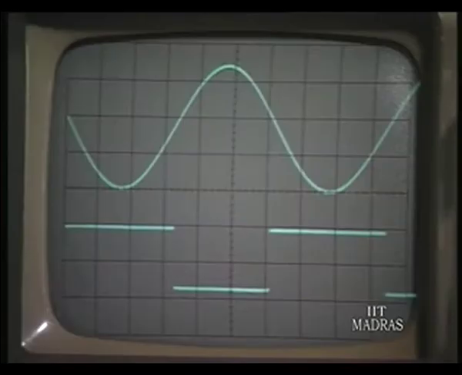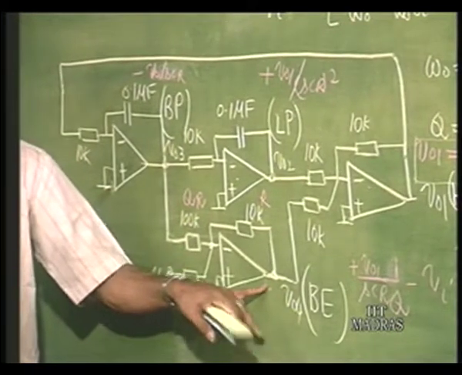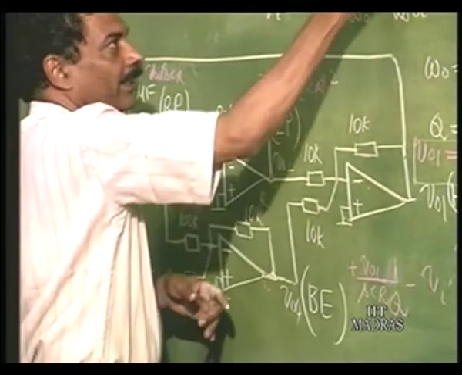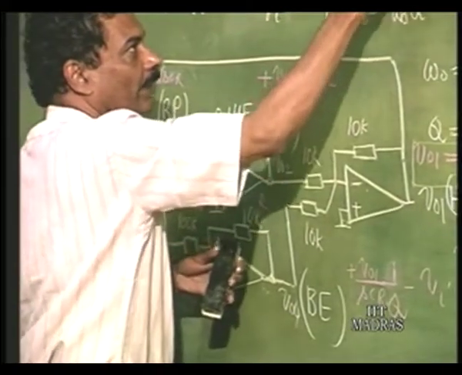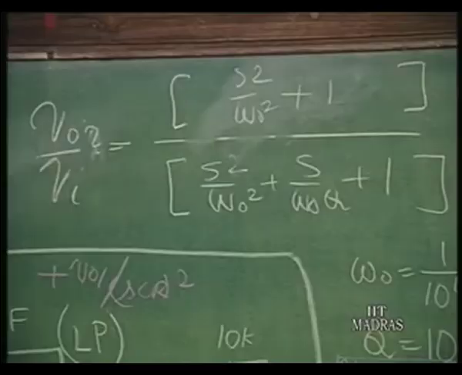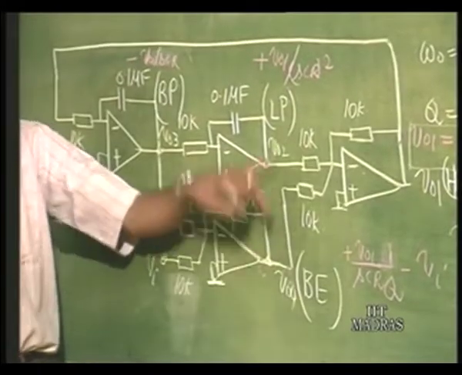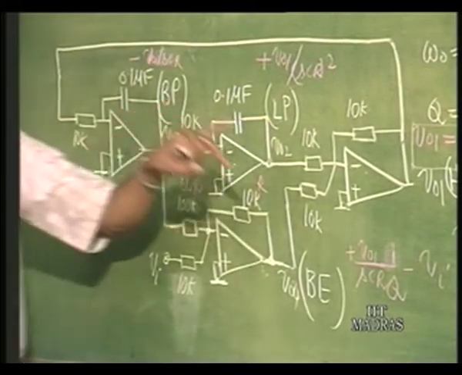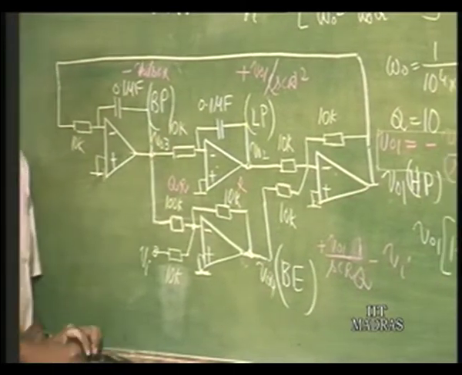On the other hand, if you take this, this will be a notch output or band elimination output, wherein it will have S squared by omega naught squared plus 1 as its function. So, this is going to be band elimination at this point, low pass, band pass and high pass here. So, this is able to give all important outputs.